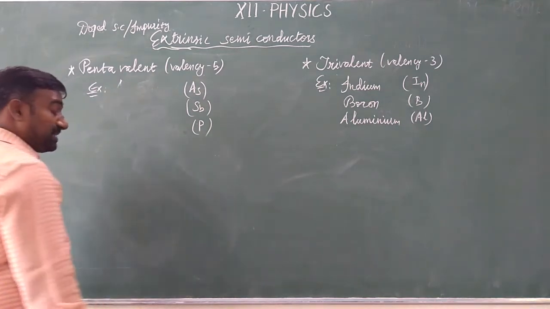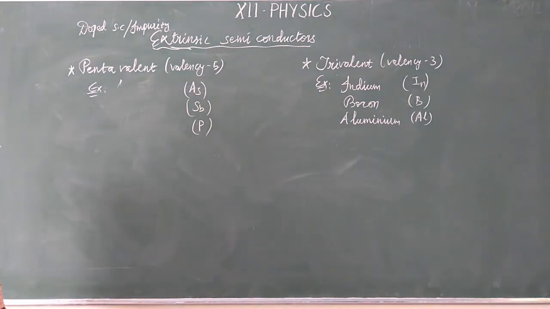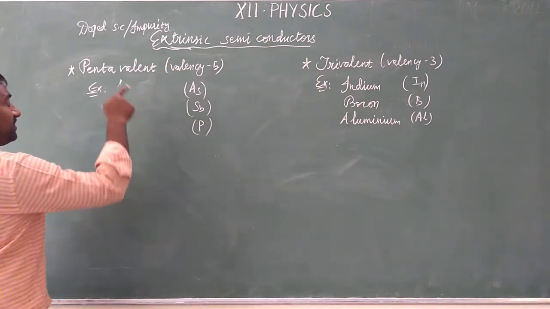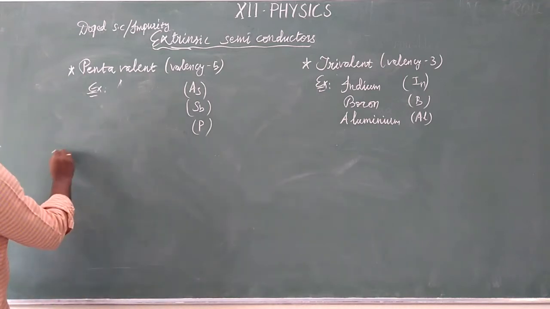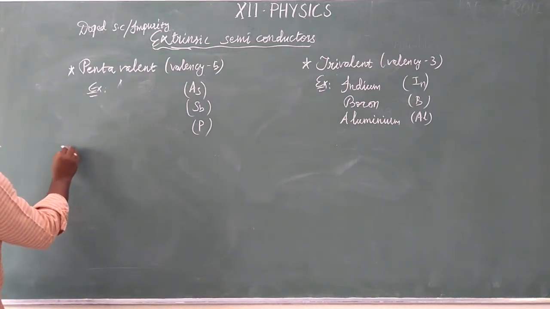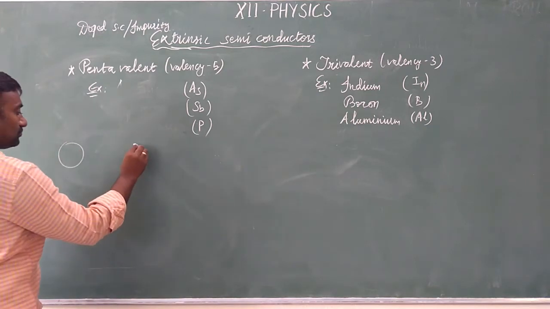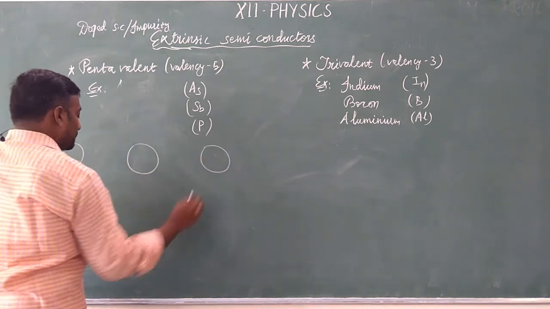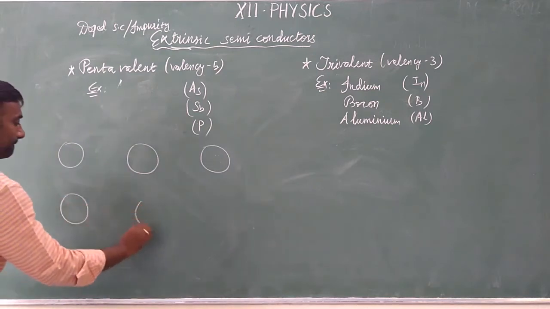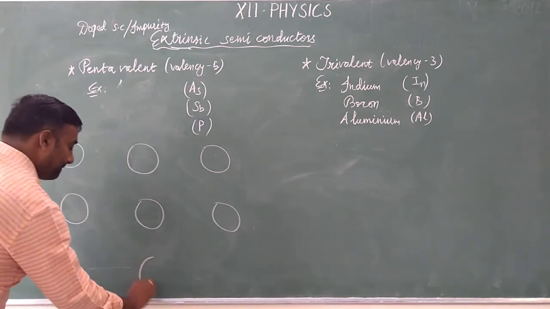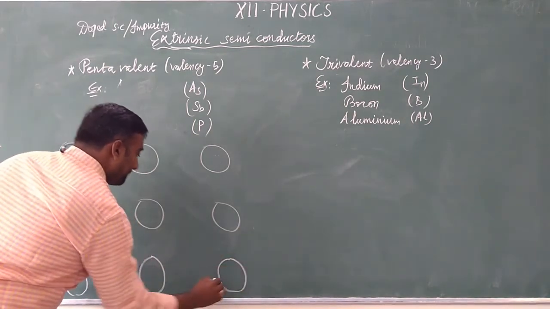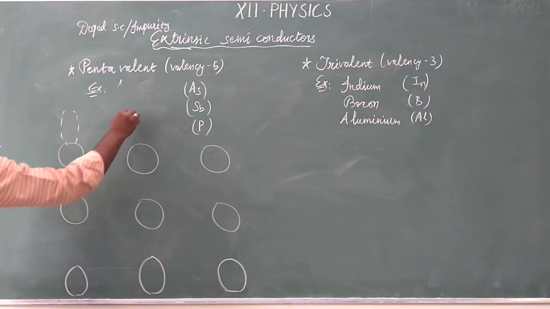Already we know the germanium or the silicon belongs to group 14, or depending upon the valence we can say it is group 4. So in the group 4 element, we are going to dope these impurities, any one of these. Okay, imagine this is a covalent bond.